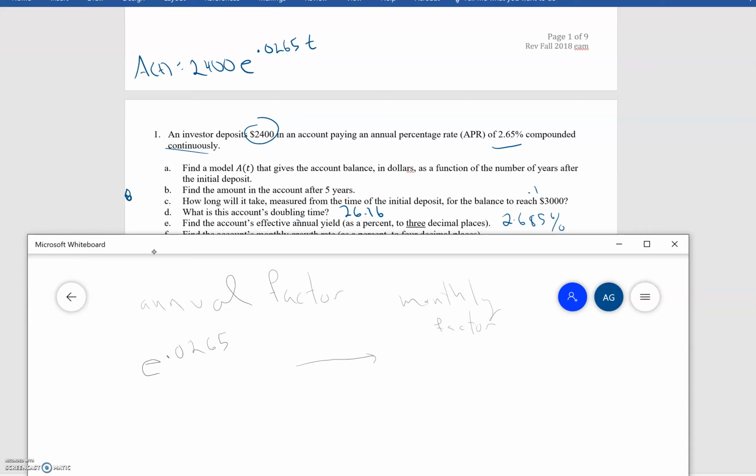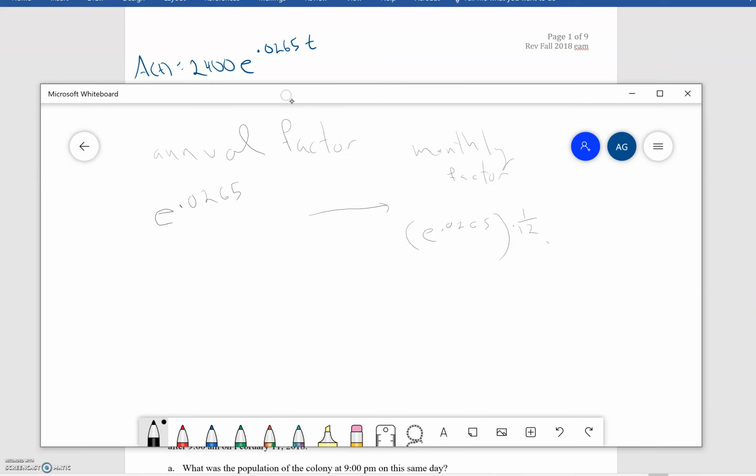And I know that this has an e in it, but this is not the annual continuous rate. It's just the annual factor. So the monthly factor is e to the 0.0265, and then that's raised to the 1/12. That's an exponent. Okay, and that will be our monthly factor. And then from here we can go to the monthly rate.